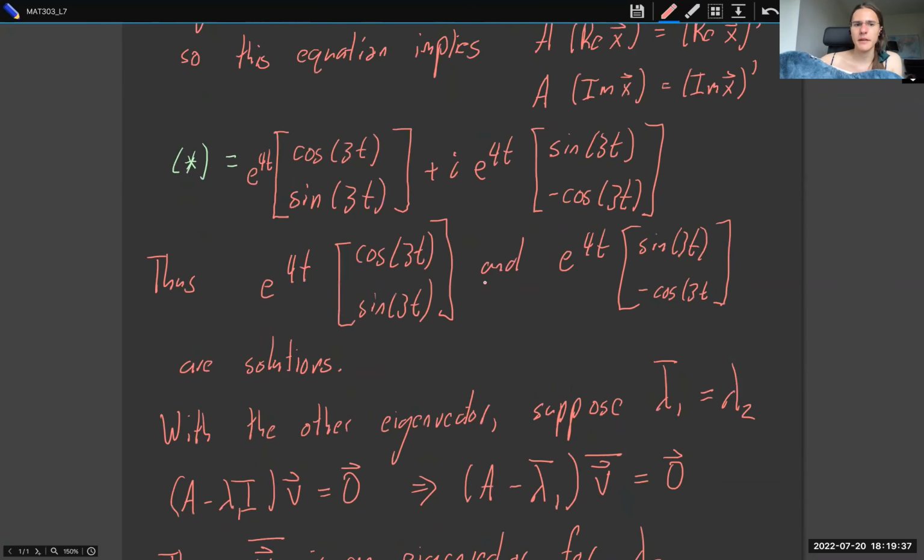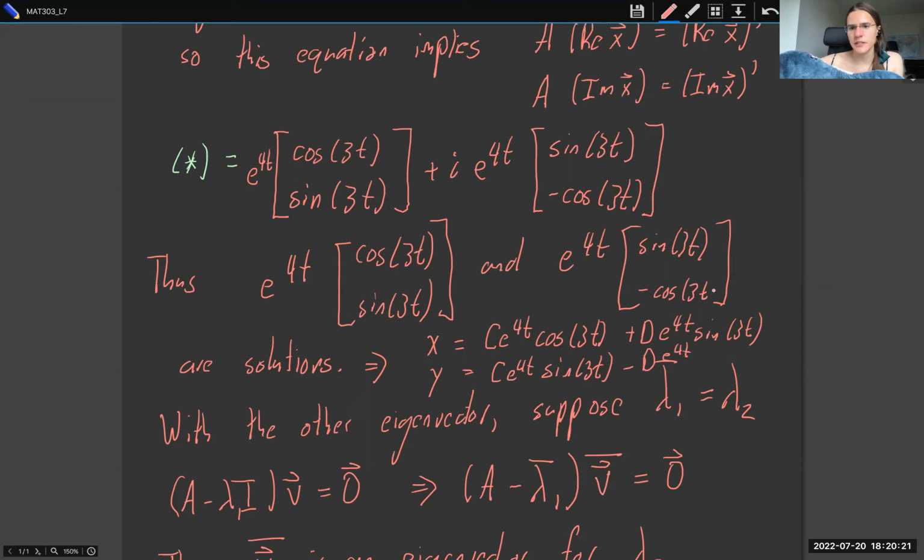So going back to this problem, that implies that the solutions are x is equal to c e to the 4t cos 3t plus d e to the 4t sine 3t, and y is c e to the 4t sine 3t, and I guess minus d e to the 4t cosine 3t. And that would be your set of solutions for this equation.